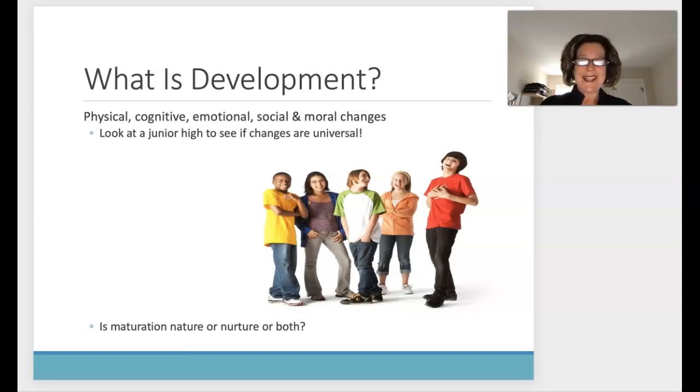Here's this young man, quite a bit taller than his colleagues. We've got different phases, different stages. So it's not universal, but child development researchers try to give you some overall ideas of what's happening.